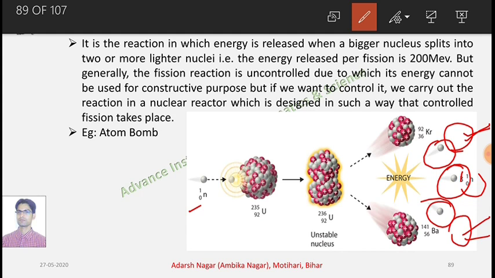These 9 extra neutrons again strike uranium 235, and again we get 2 smaller nuclei and 3 extra neutrons in each case, and this reaction goes on and on. Lots of energy will get released, but this is uncontrolled, and the energy released during this fission we will not be able to utilize for various purposes.